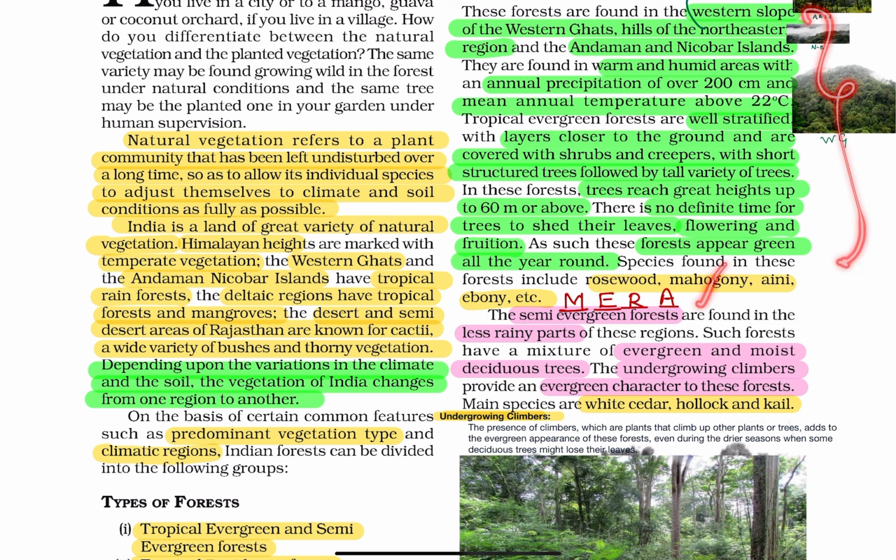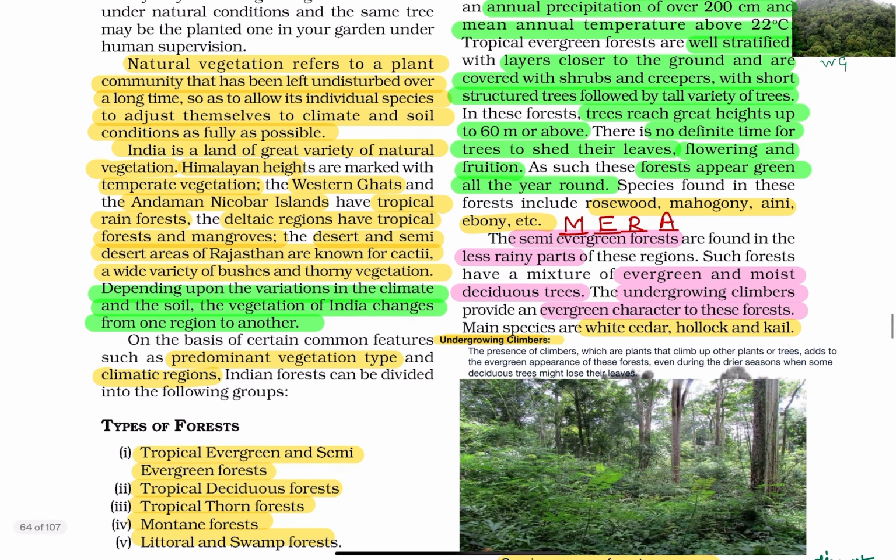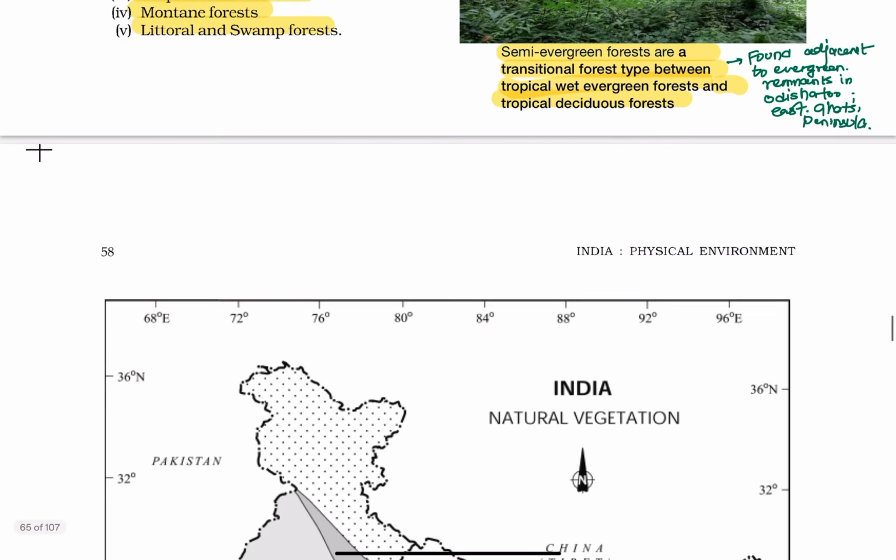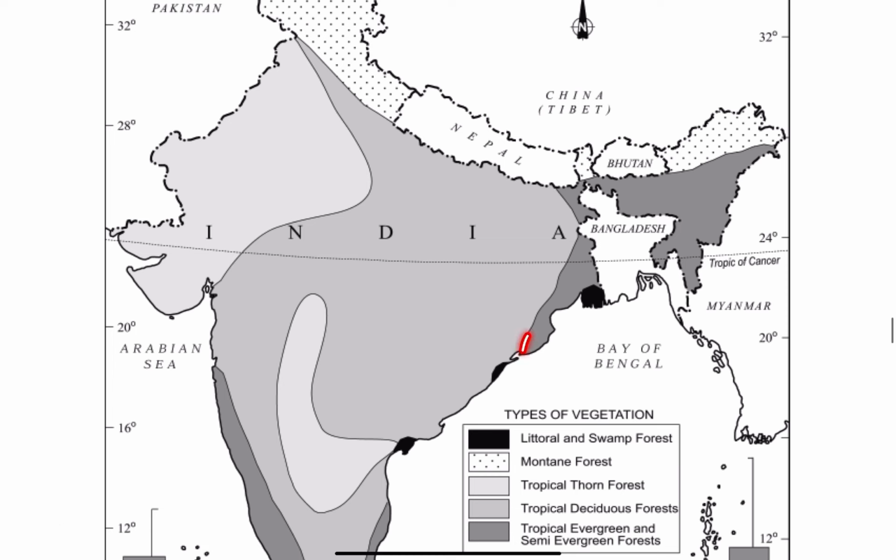Now the semi-evergreen forest. As the name suggests, semi, they are also evergreen, but there is some change in character. That's why they are semi-evergreen, which is that they are found in the less rainy part of the region, right? Let us say, as NCERT has marked, this forms the area where you'll find the tropical evergreen forest.